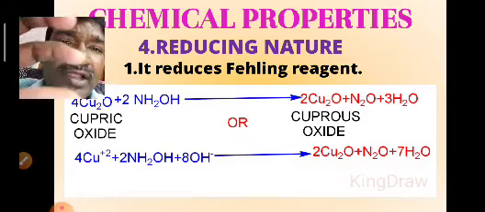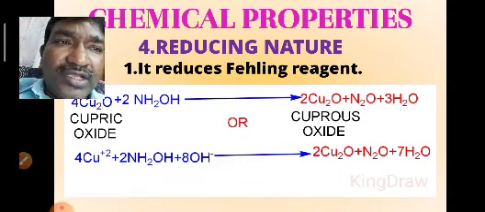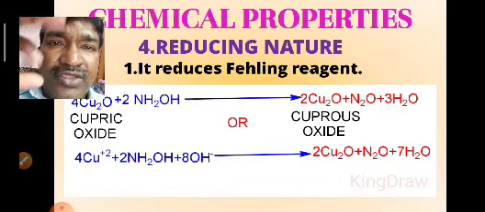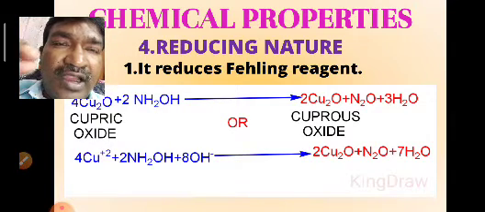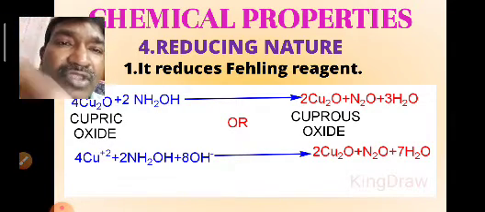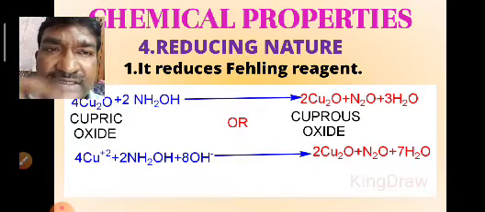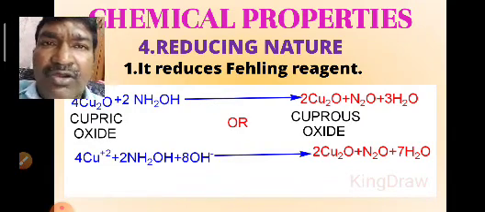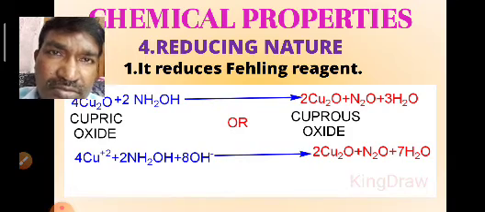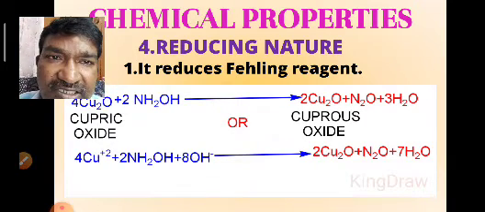Okay? Here I have shown two methods to remember the reaction between the Fehling reagent and the hydroxylamine. So in the first equation, hydroxide ions are not shown. A simple reaction is given.